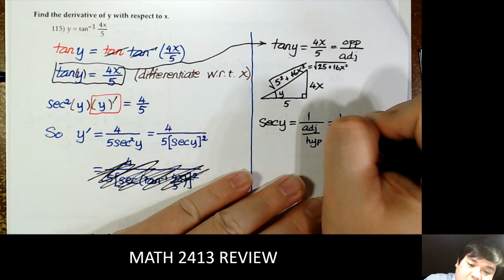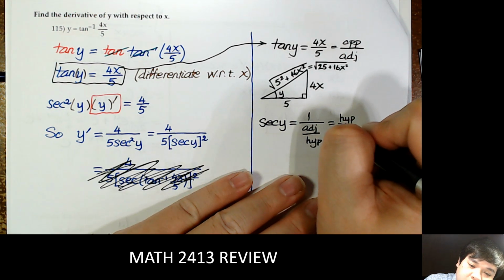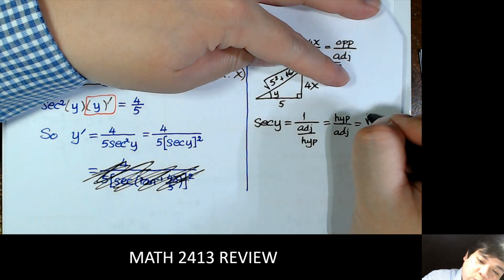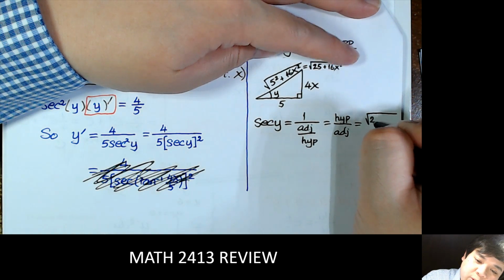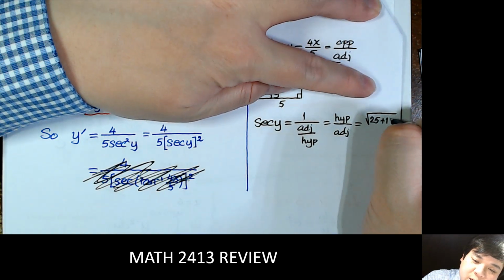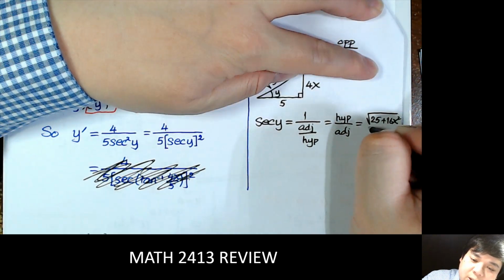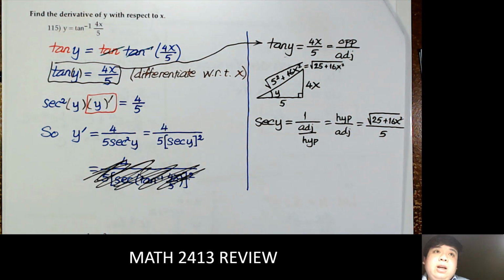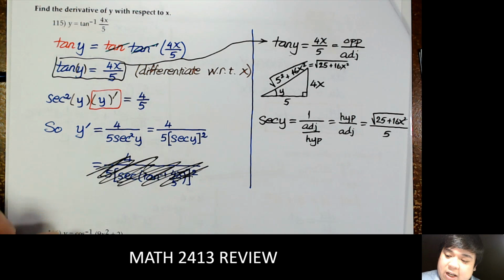So it will be hypotenuse over adjacent. So we have square root of 25 plus 16x squared over adjacent, which is 5. Then we can substitute that back in here.